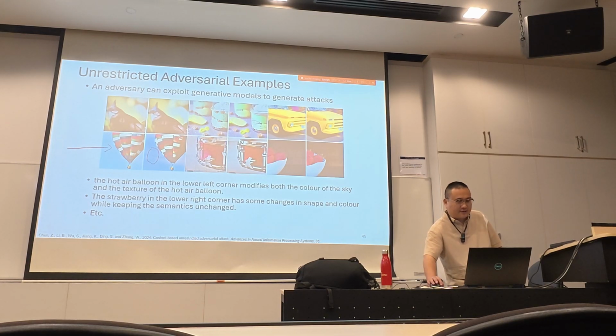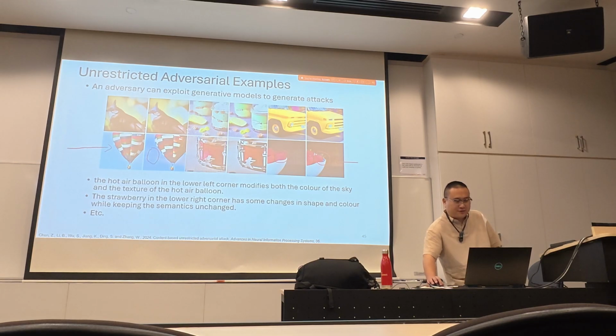Or change the color here, and then this can fool the model. And also for the strawberry, the clean image looks like this, and then you can use the generative model to slightly change the strawberry and fool the model. Such attacks look very natural, and they are valid attacks.